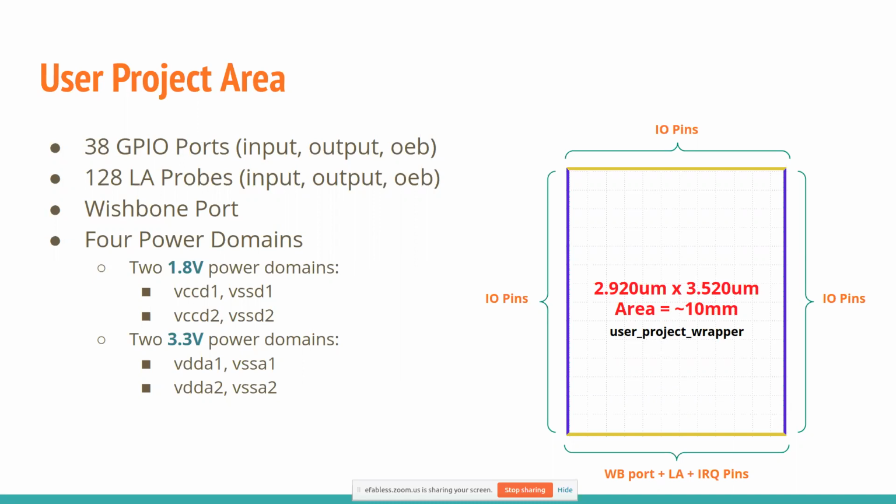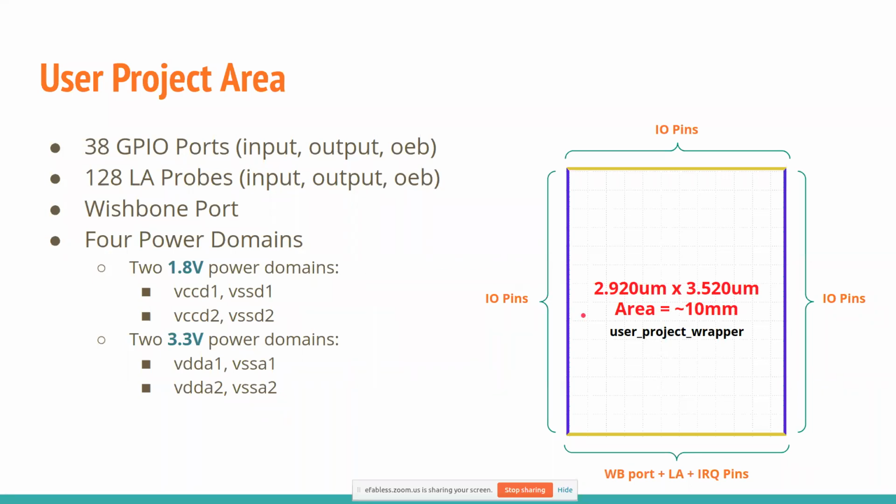And you also get access to 128 logic analyzer probes, which are full duplex. And you get access to a wishbone port connected to the management processor main bus. For the power domains, you get 4 power domains. 2 of them are 1.8 volt, and the other 2 are 3.3 volt.